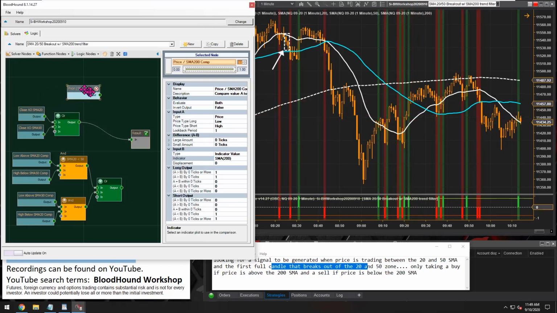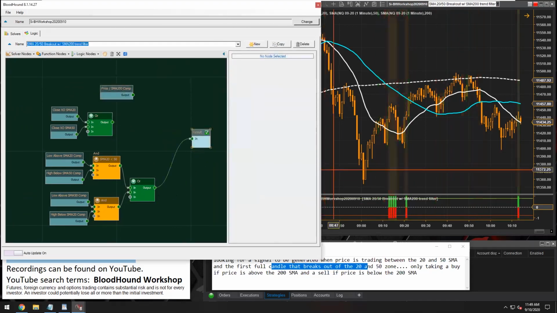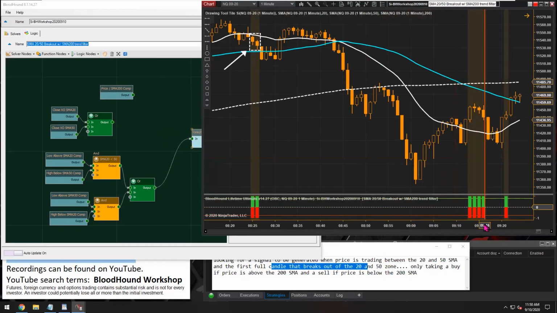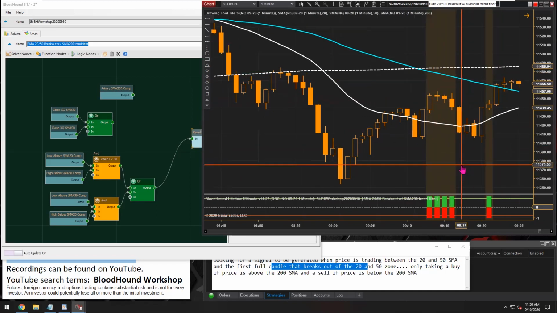We have the SMA 200 trend. So we're ready to assemble all the pieces. We have to look at the logical order of things here. The first setup condition is looking for price in between the 2 moving averages.